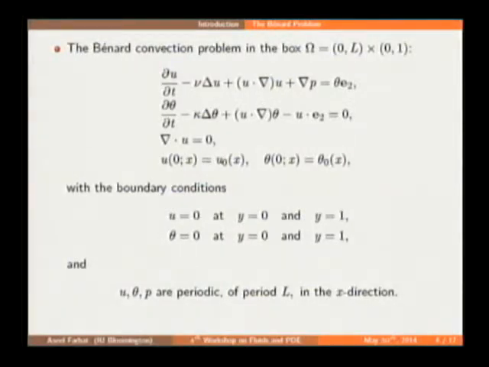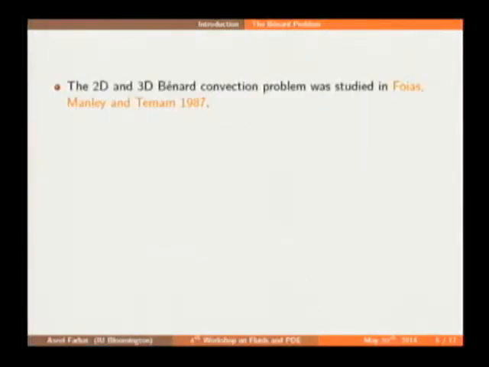For the horizontal direction, you can take any kind of boundary conditions you like, but for example, let's say take periodic. But you can take Dirichlet, you can take many sorts of boundary conditions, and many of these were discussed in the paper by Foias, Manley, and Temam in 1987, where they studied this system and proved the existence of weak solutions for both 2D and 3D cases, and then they proved the existence of a global attractor for the 2D case.